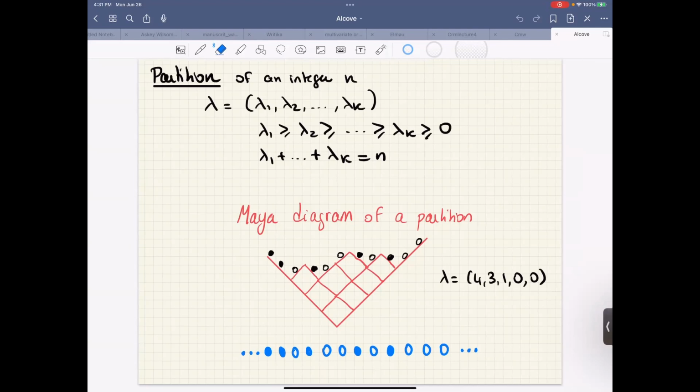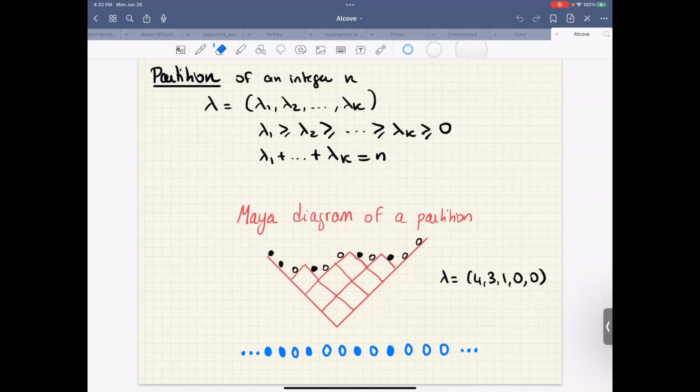So let me just remind you what a partition is. It's a sequence lambda 1, lambda 2, ..., lambda k of non-increasing integers. We say that it's a partition of n if the sum of the entries of this sequence is equal to n. But today, I'm going to mostly care about a way to draw a partition by its Maya diagram.